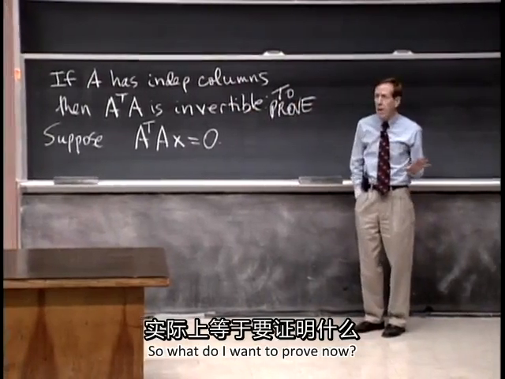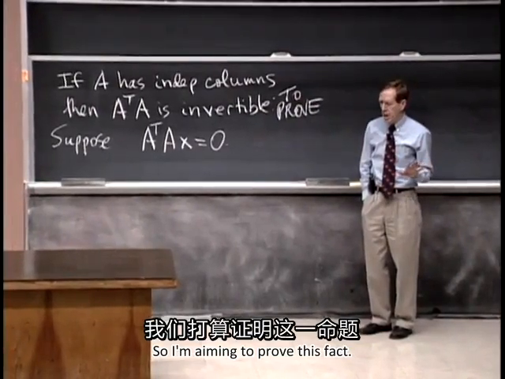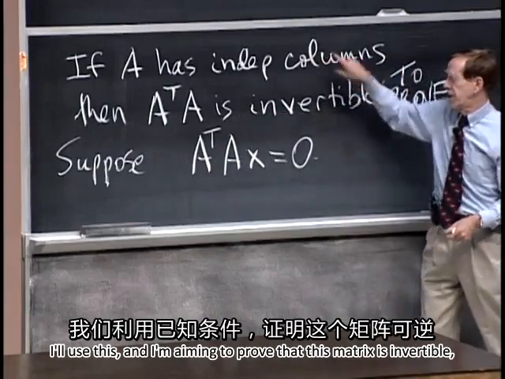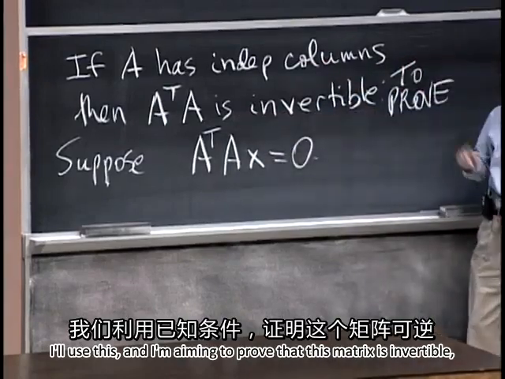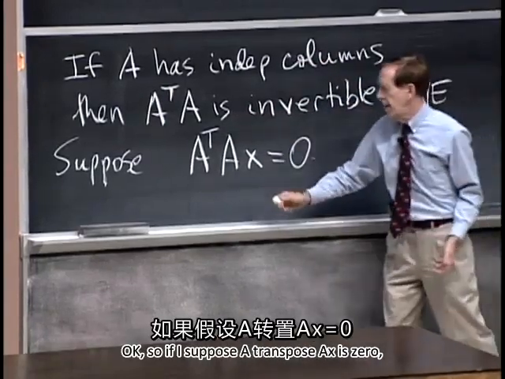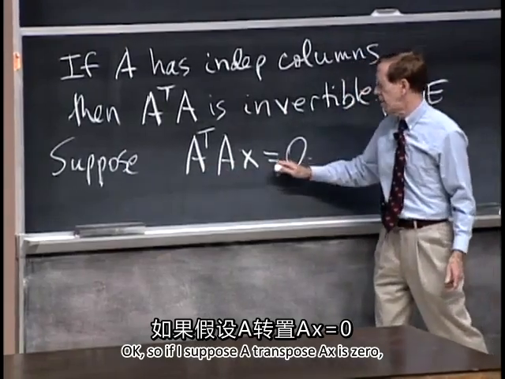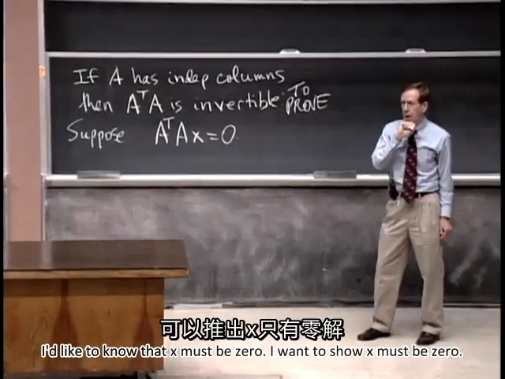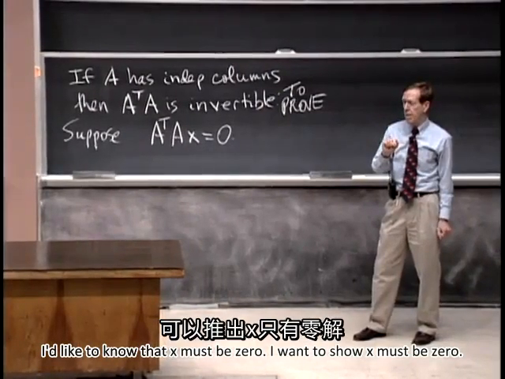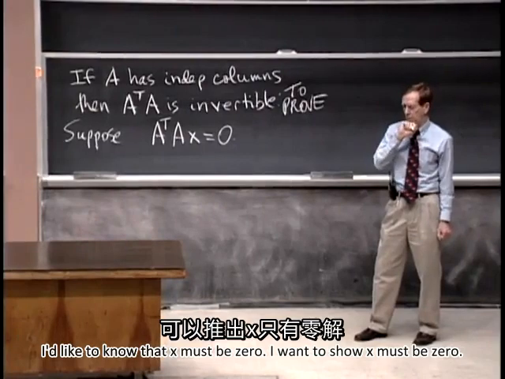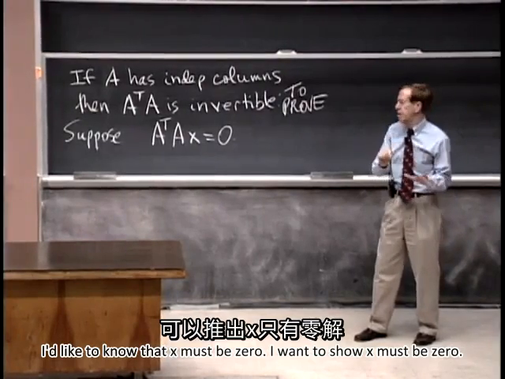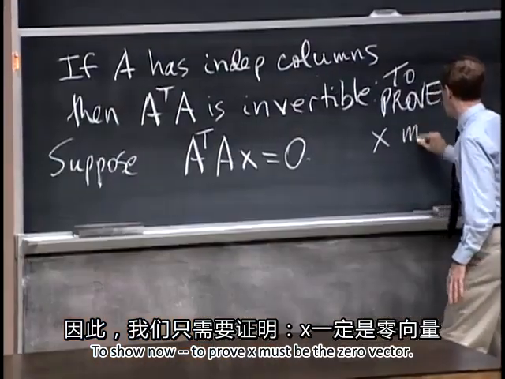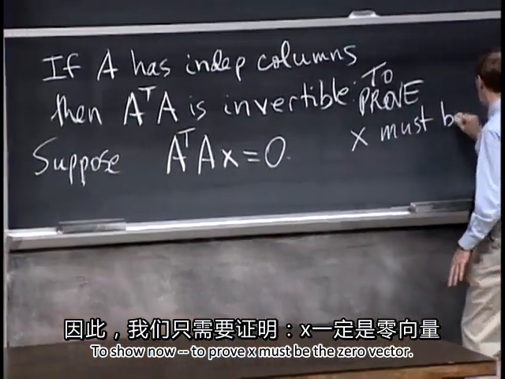So what do I want to prove now? I'm aiming to prove that this matrix is invertible. Okay, so if I suppose A transpose A x is 0, then what conclusion do I want to reach? I'd like to know that x must be 0. To prove x must be the 0 vector.